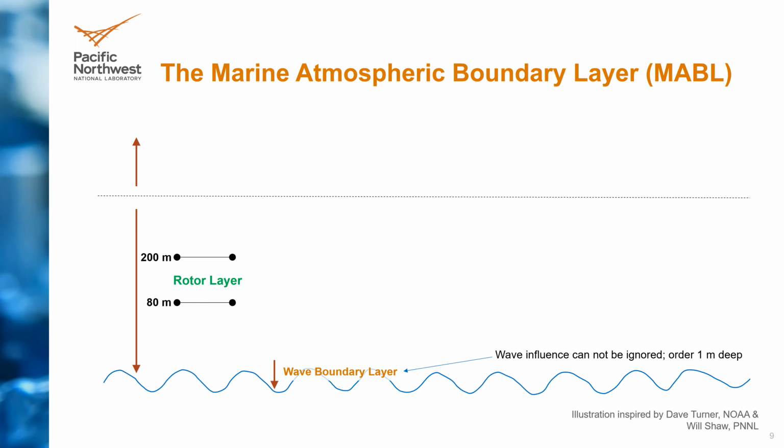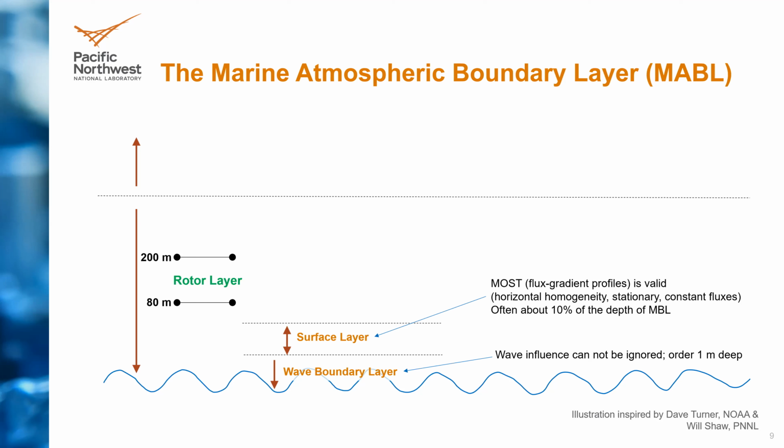The bottommost layer, about 1 meter deep, the marine atmospheric boundary layer, is heavily influenced by the waves. So you have wave influence on the winds and the winds' influence on the waves, and you cannot ignore the coupling there.